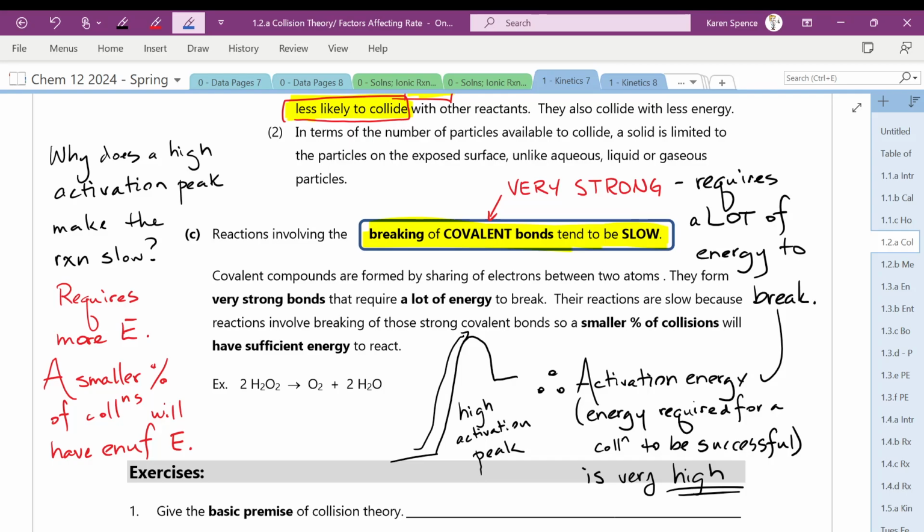How are you going to know that you have covalent bonds that need to be broken? I'll let you finish writing, then I'll ask it again, because I've got people writing and of course you don't hear when you're writing.